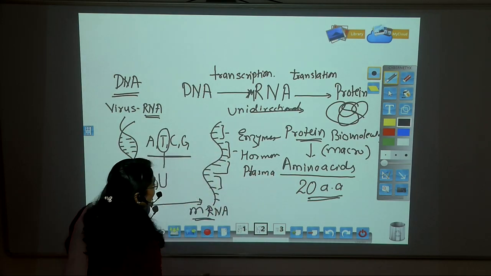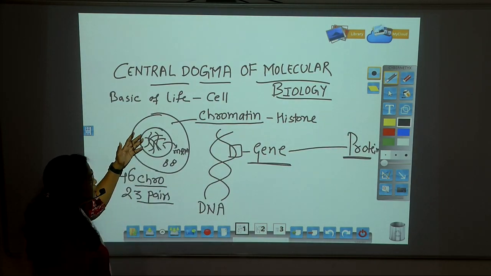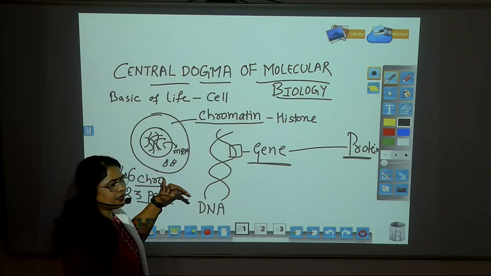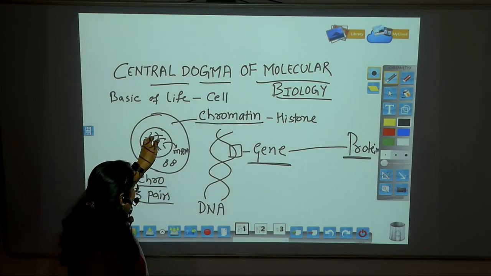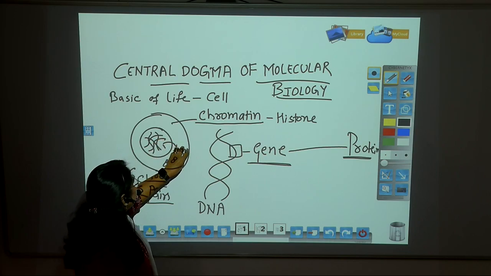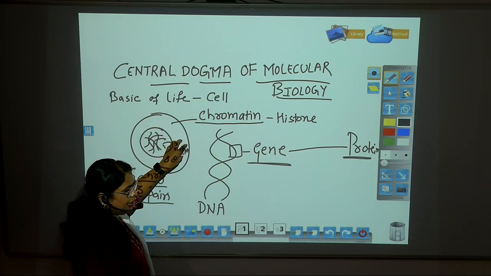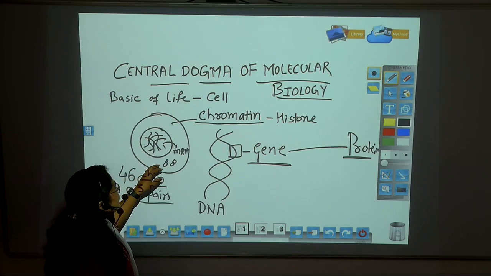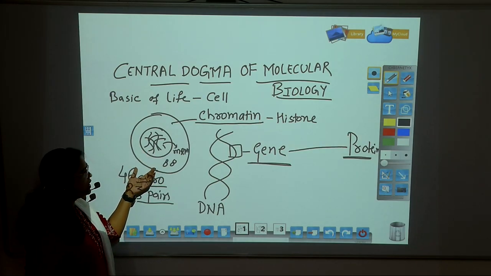Every time a cell has to synthesize a particular protein, the DNA will have all the information. The DNA will suggest which protein has to be synthesized. The message will come from the DNA into the cytoplasm. The synthesis of protein is carried out in the cytoplasm.